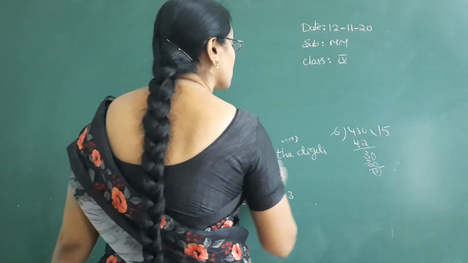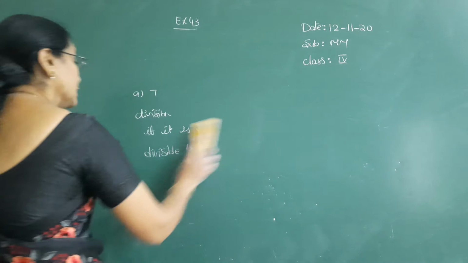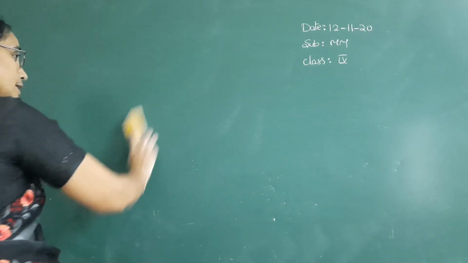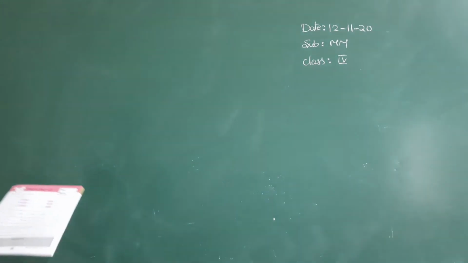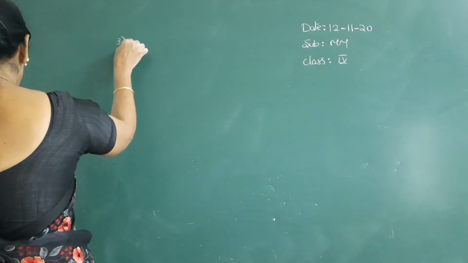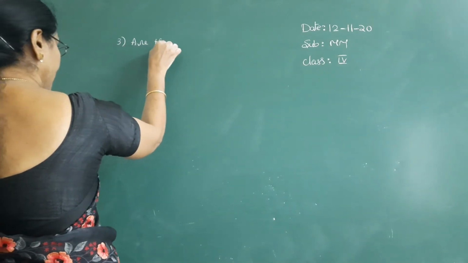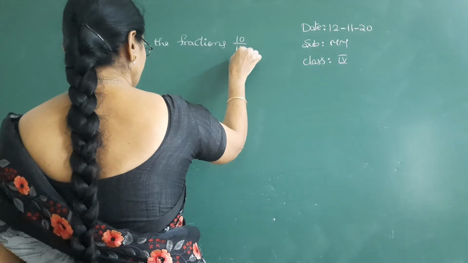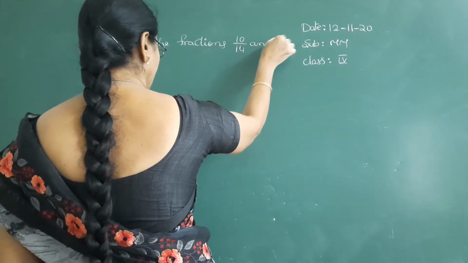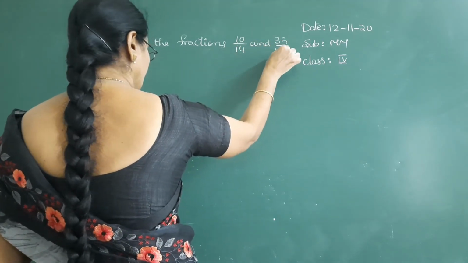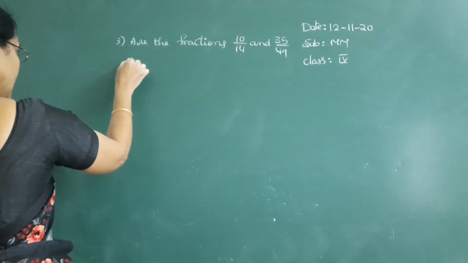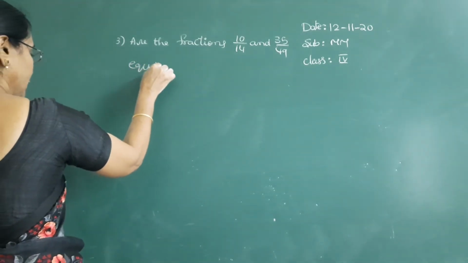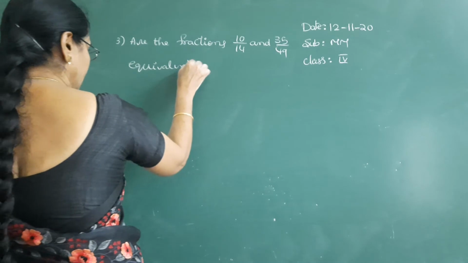In textbooks, so many problems are there in the prime factorization chapter. See the next question, the third one. Are the fractions 10 by 14 and 35 by 49 equivalent?